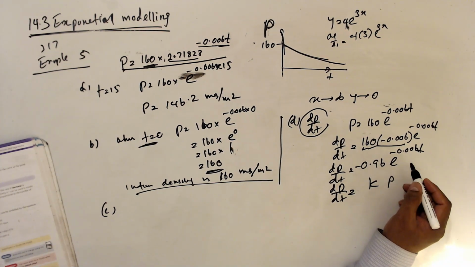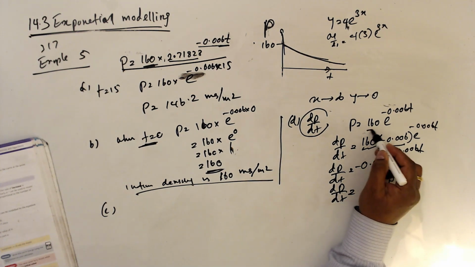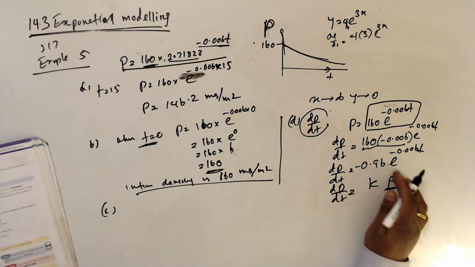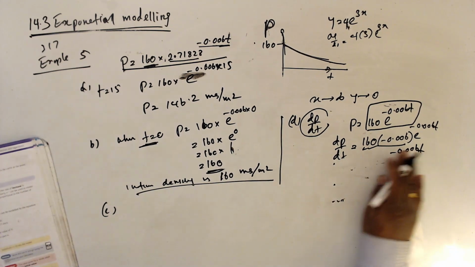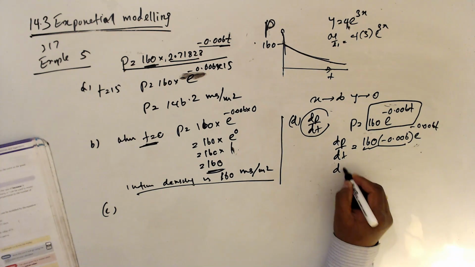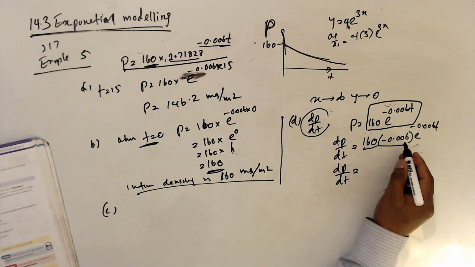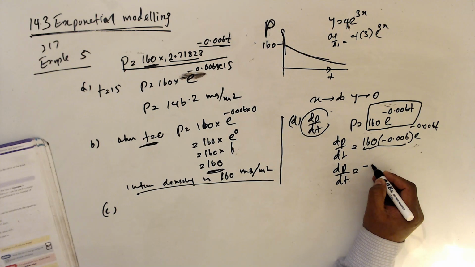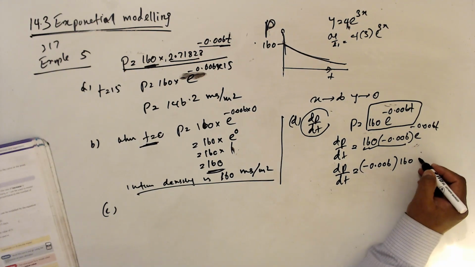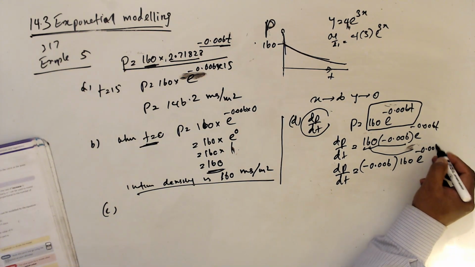I need to look at this one, because if they write the P value as including 160, then there is no 160 to write P. So in that case, for me, it's going to look like this. dP over dt equals, I'll bring this minus 0.006 value, and then 160, and e to the power minus 0.006t.